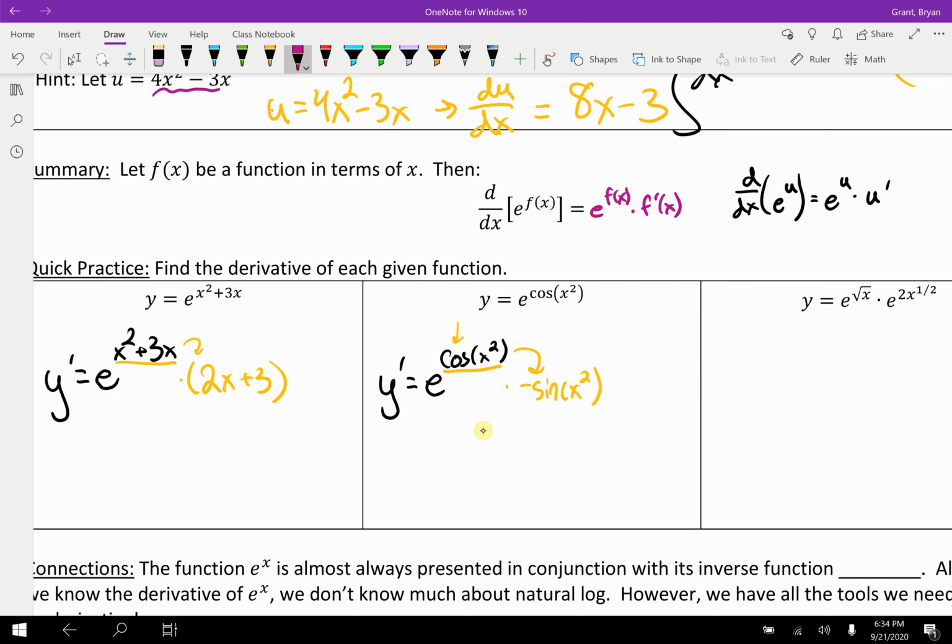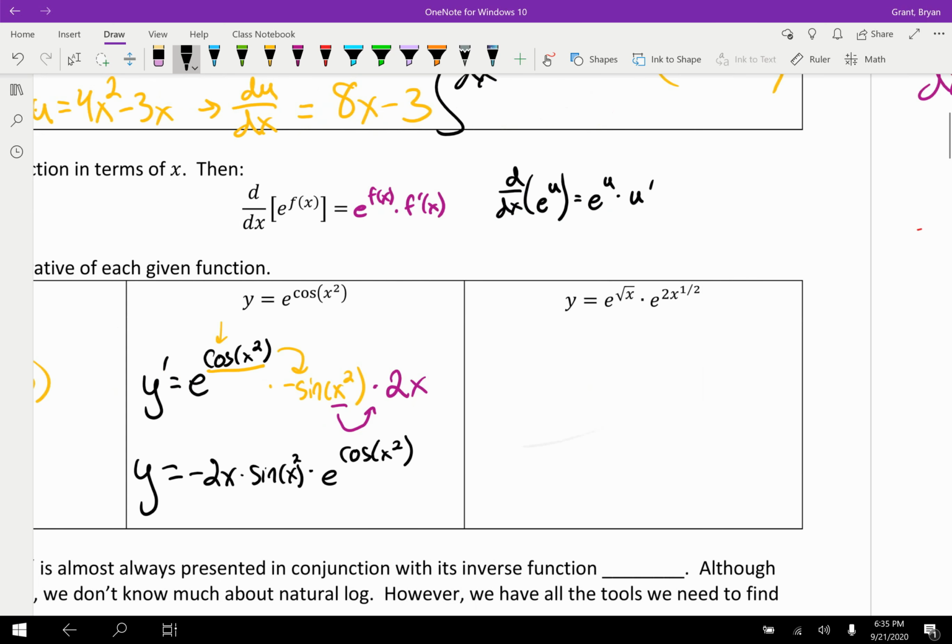But then, because we kept the inside the same, we need to account for that and use the chain rule there as well. If you wanted to put this all together, I'm not sure of the best way to write this. Maybe something like negative 2x sine of x squared times e to the cosine of x squared.